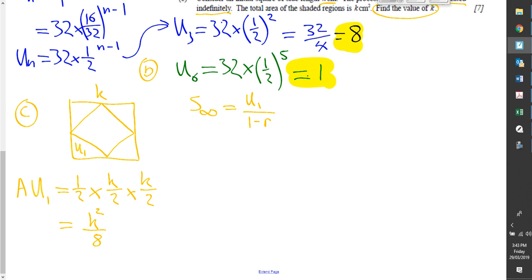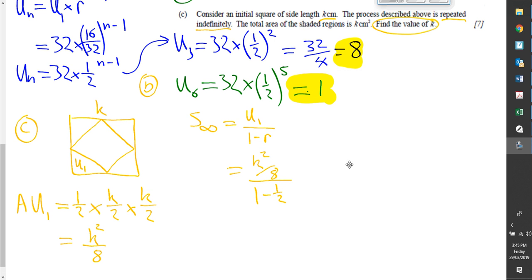So let's substitute our first term into our infinite series. That's going to be equal to our first term, which is k squared over 8, all over 1 minus, and we already figured out above that the ratio was a half. Now we've already been told that the total area of the shaded region is k.